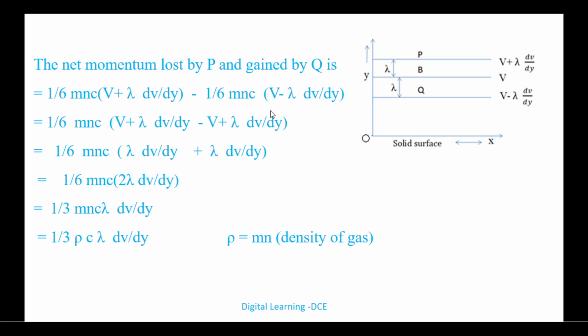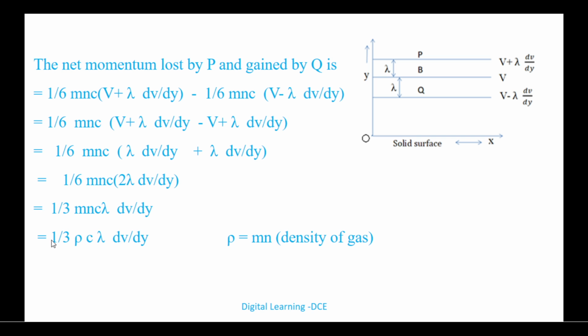Again, on simplifying this term, we get 1/6 mnc into lambda dV/dy plus lambda into dV/dy. Here the V term, that is plus V, is cancelled with minus V. Then on further simplification, we get 1/6 mnc 2 lambda dV/dy.